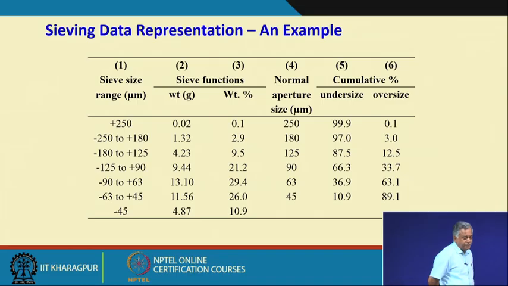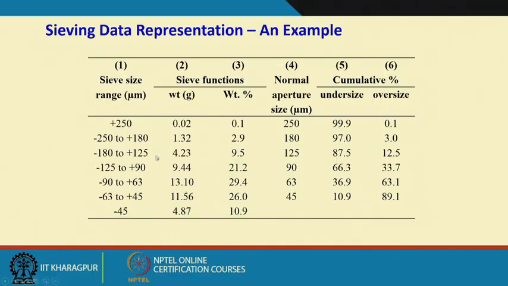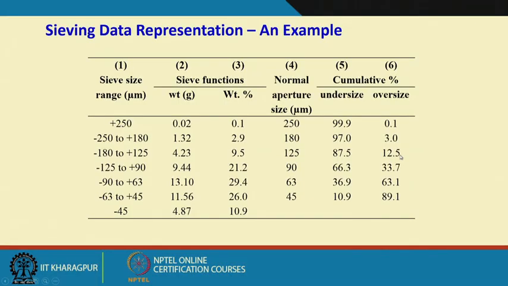I repeat it again, cumulative means that if I have a single sieve of 125 micrometer and I do the sieving operation with that sieve, I will have 12.5 weight% of the total population retained on it.